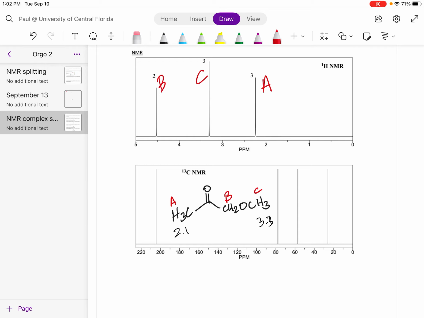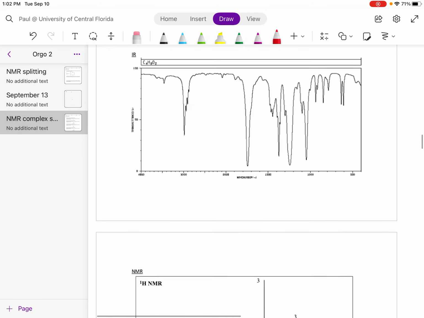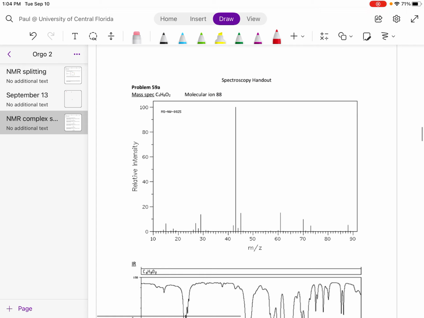Now, someone also asked in the discussions that, hey, let's take a look at 59A, okay, and go through that one. So let's do that very in detail here. So 59A, we see the molecular formula.